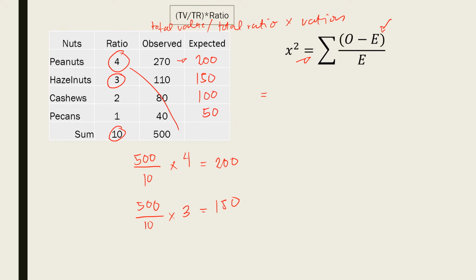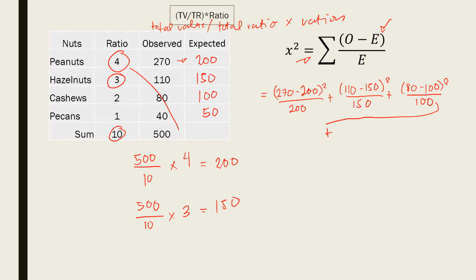That would be 270 minus 200 squared divided by expected, which is 200, plus 110 minus 150 squared divided by 150, plus 80 minus 100 squared divided by 100, plus 40 minus 50 squared divided by 50.